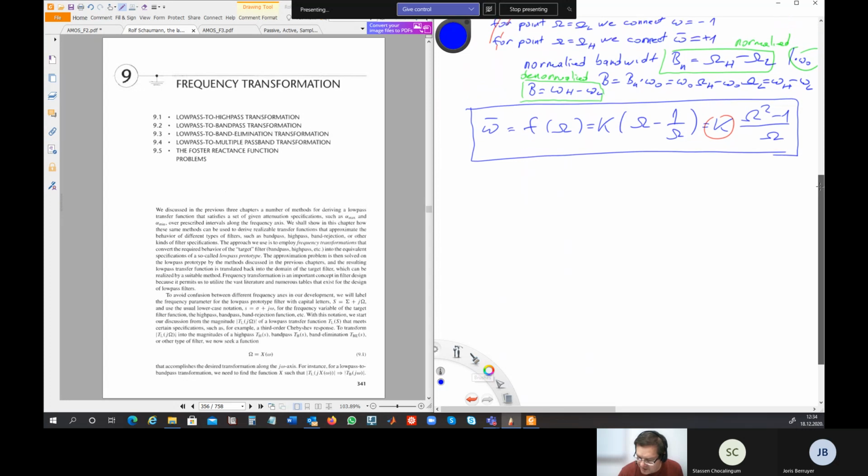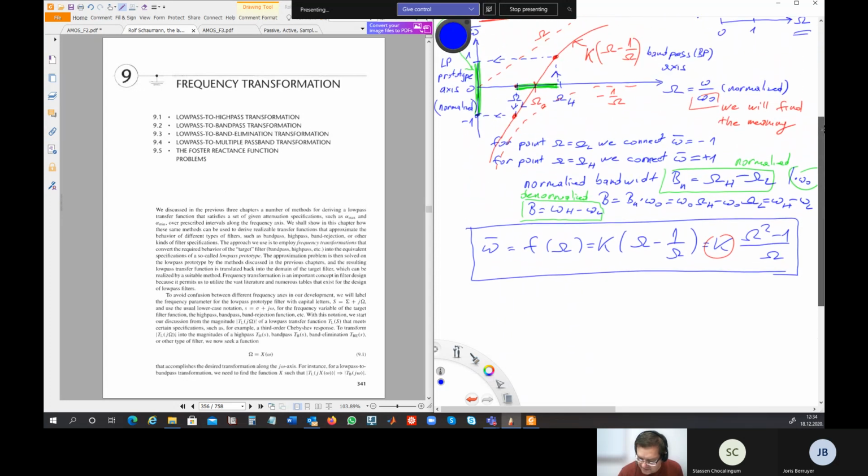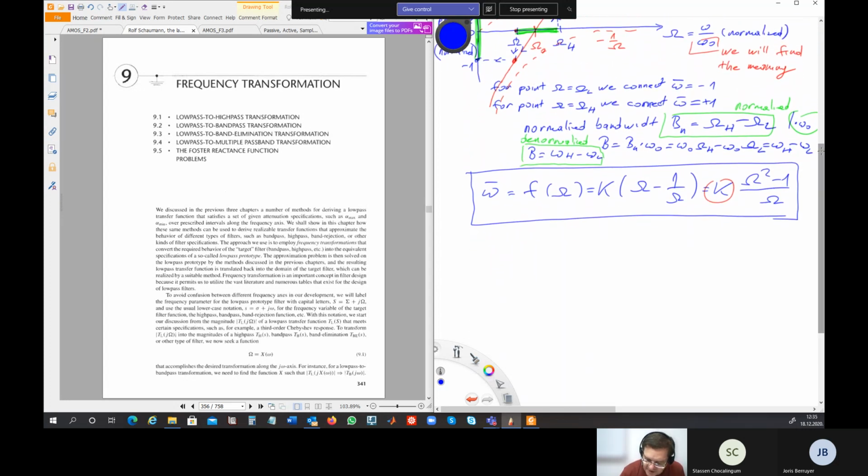Good. For the first point, we call it point A. That's this here. We can write this equation like minus 1, because it's minus 1 here.